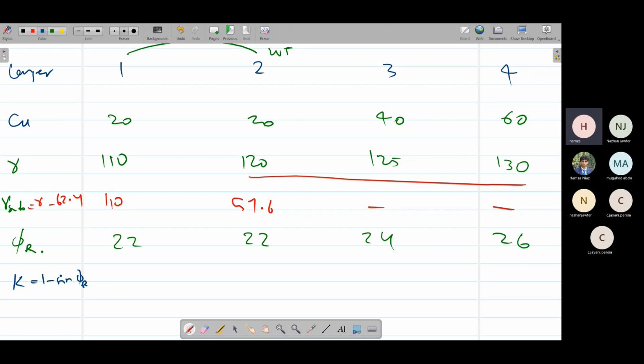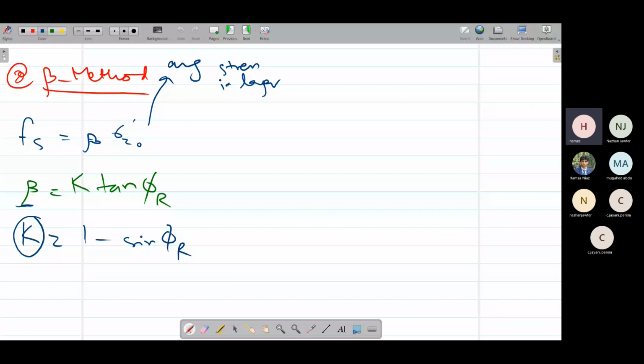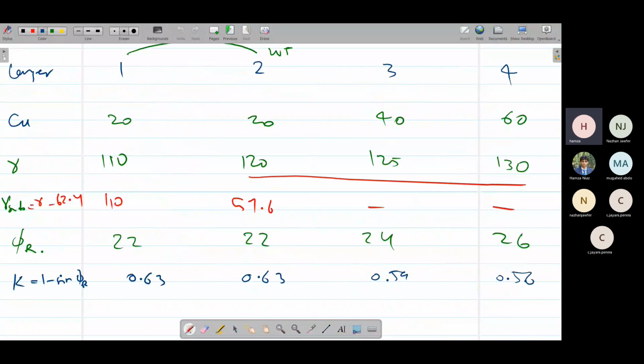1 minus sine 22 is something like 0.63, this is like 0.60, this may be like 0.59. We can calculate values like these. So after K, what we require is the beta value. Beta is K tan phi r. So the next column we are going to add is the beta value, that is K tan phi r.